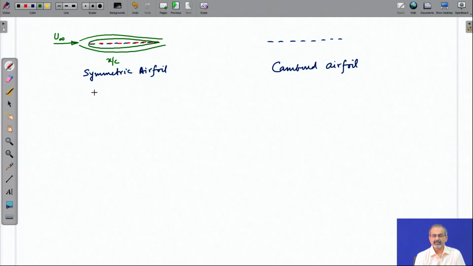What that means is that you do not have a pressure imbalance between the upper and lower surfaces of the airfoil, and this consequently would mean that it will produce a net 0 lift.